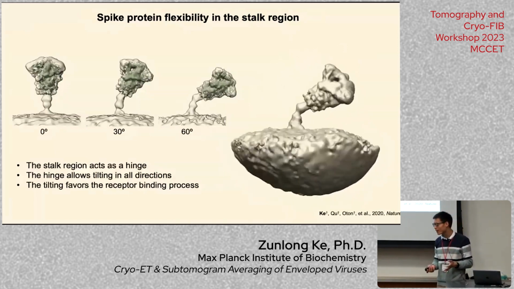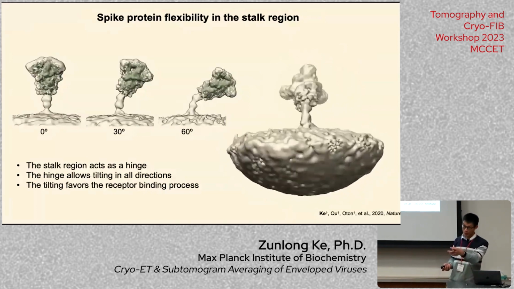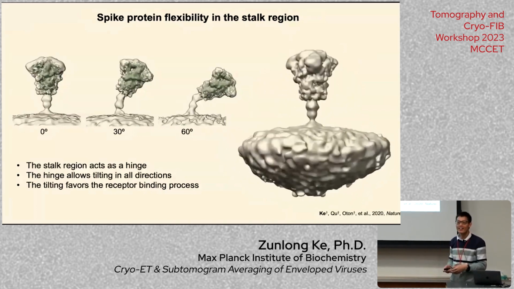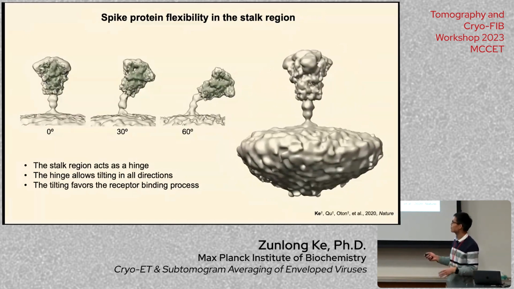It's a really good question. It's a guess. But you can imagine, because the spike can tilt, if this receptor is here on the cell, that probably won't move, while the virus is moving around on the surface of the cell. If it can tilt, it will just. But that's a guess.